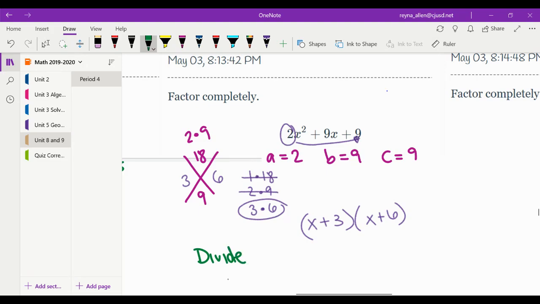And we are going to divide by our a, which is 2. Divide by 2, divide by 2. Six divided by 2 is 3.